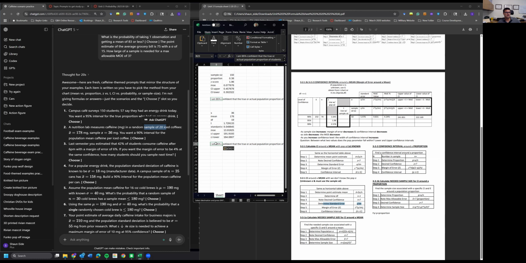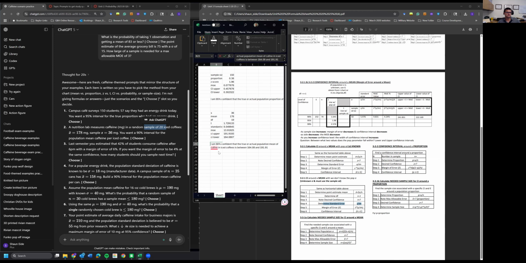So now I am 90% confident that the true or actual population mean of caffeine in iced coffees is between 164.08 and 191.91.